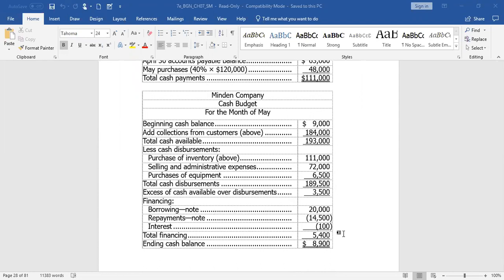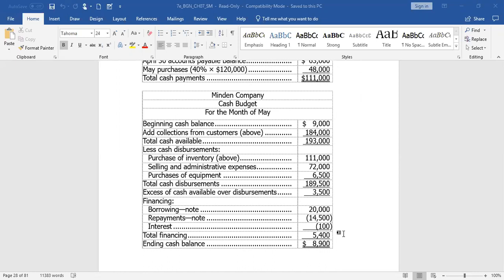But in letter E, they're paying off $14,500 of a loan that's currently on their balance sheet, the note payable of $14,500 plus interest of $100. So from financing, they have additional cash of $5,400. They received cash from a new loan but paid off an old loan, so the net is $5,400.